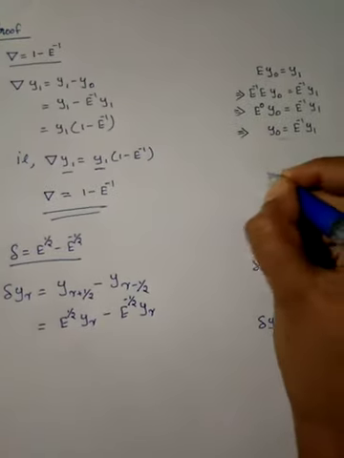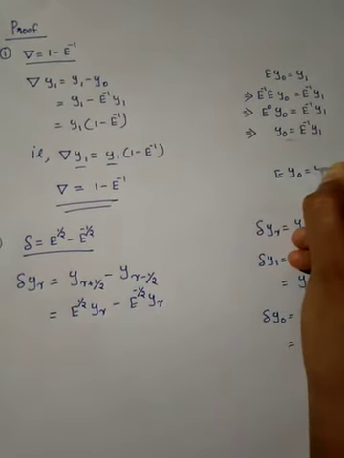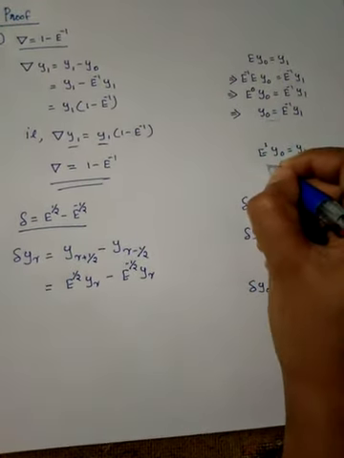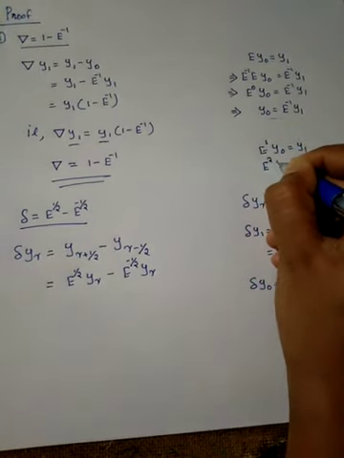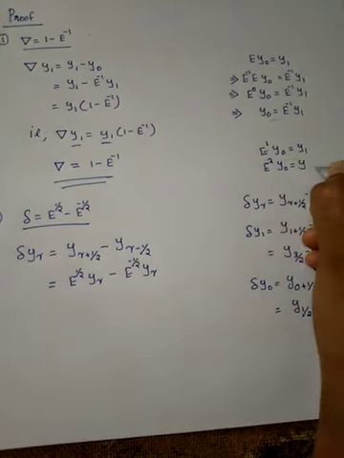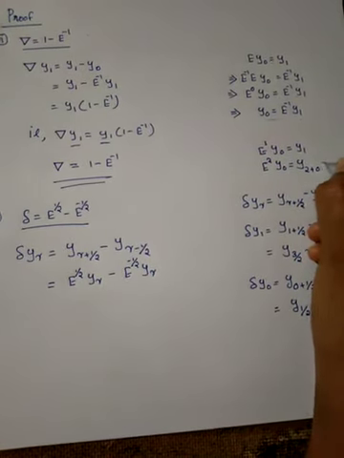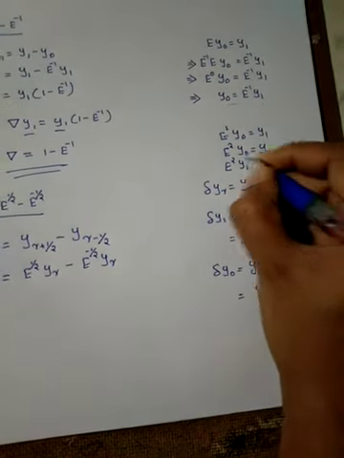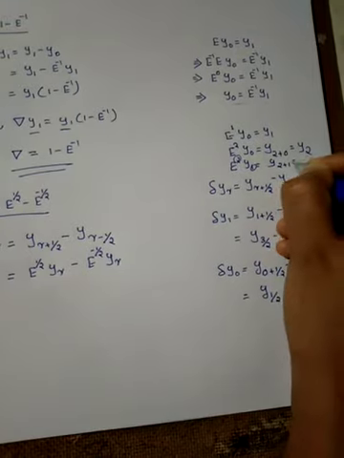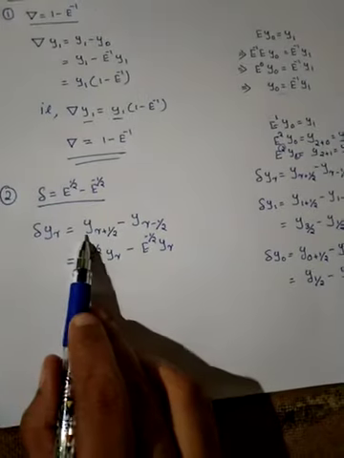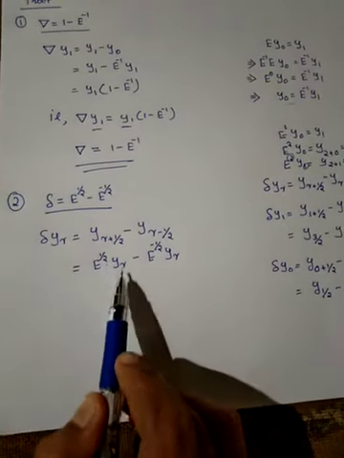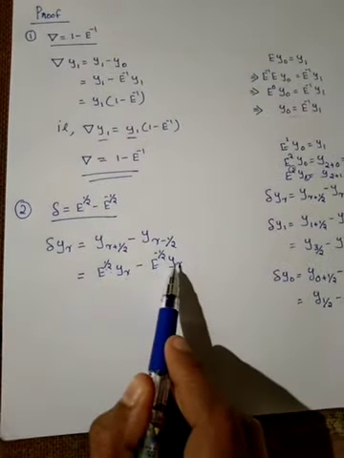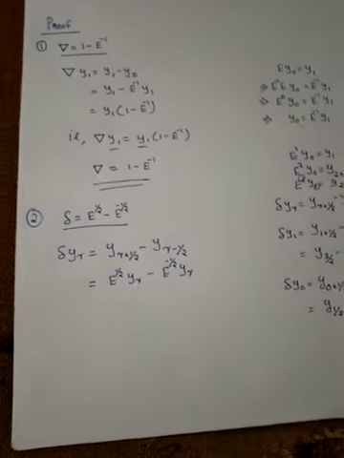That is, Ey0 equal to y1, and E square y0 equal to y2 plus 0, that's equal to y2, and E square y1 equal to y2 plus 1, so y2 plus 1 equal to y3. That is yr plus 1 by 2: e raised to 1 by 2 yr equal to y r plus 1 by 2, and e raised to minus 1 by 2 yr equal to y r minus 1 by 2.